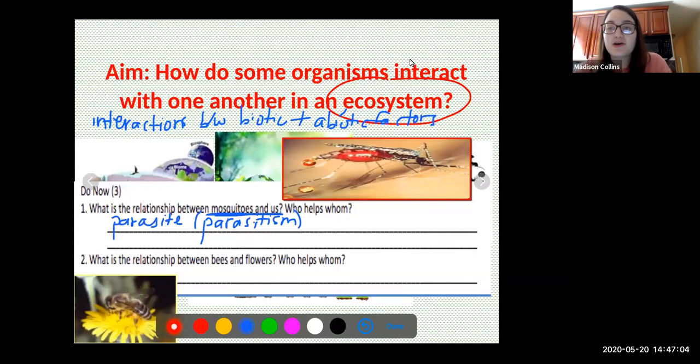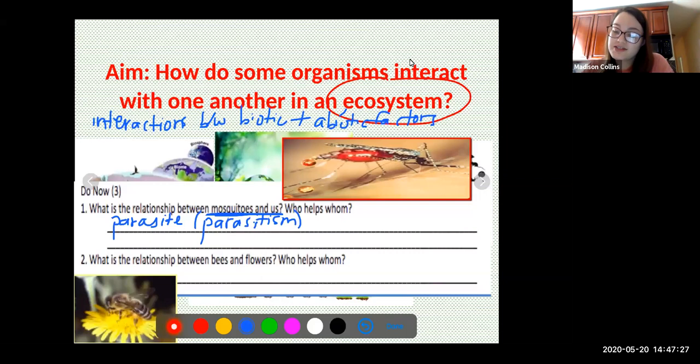I mean, it's sucking up all of our blood, it's having a play day with our blood, but we're not exactly benefiting. We're actually harmed by that mosquito. We're left with some pretty nasty bug bites, and we can possibly be exposed to some diseases that they carry, such as malaria. So in this case, the mosquito is the parasite, and we are the victim.